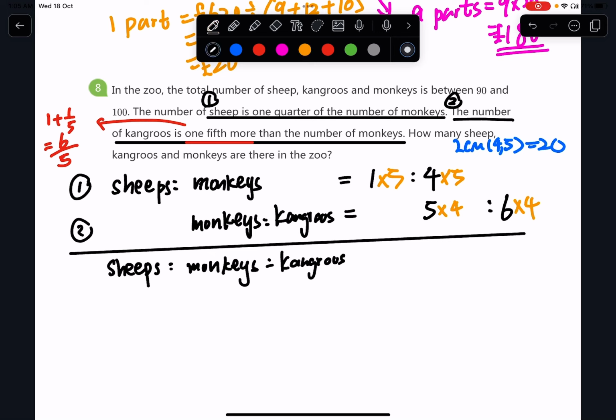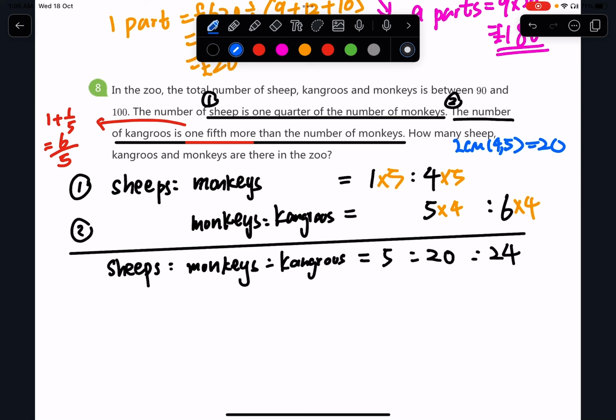So the final ratio is 5 to 20 to 24. So when there are 5 sheep, there must be 20 monkeys and 24 kangaroos.